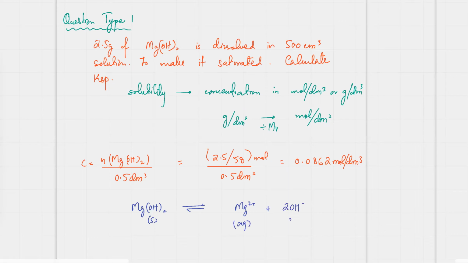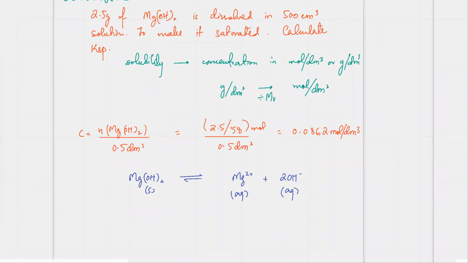Now I've got 0.0862 mole per decimeter cube, and I know this is the amount that's actually dissolving in the solution, dissociating to form these ions.